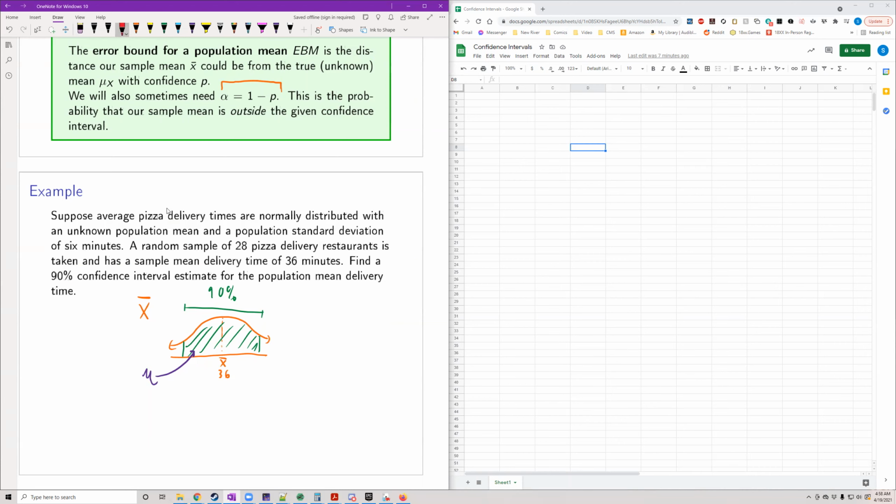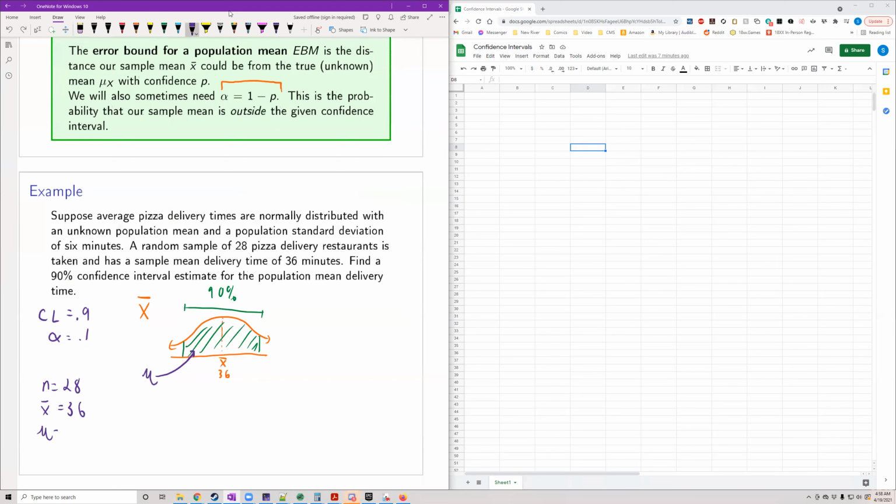So let's just go ahead and record everything that we know in terms of the variables. Our confidence level is 0.9, which makes our alpha 0.1. Our sample size is 28. Our calculated mean is 36.